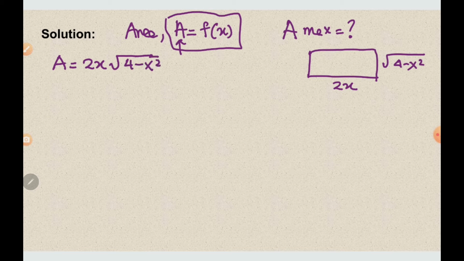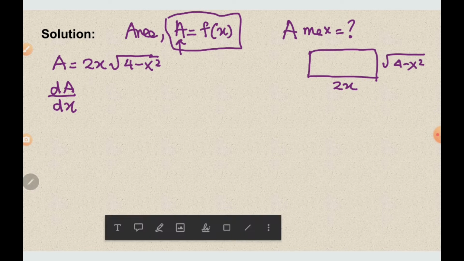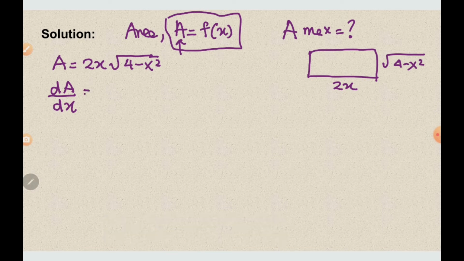x squared. Then you need to differentiate A with respect to x to get the maximum area. Therefore, dA/dx equals, I will use the product rule here, where 2x I will let as u and the square root of 4 minus x squared I will let as v. So copy u, 2x.